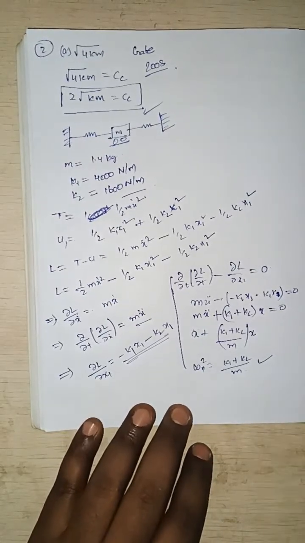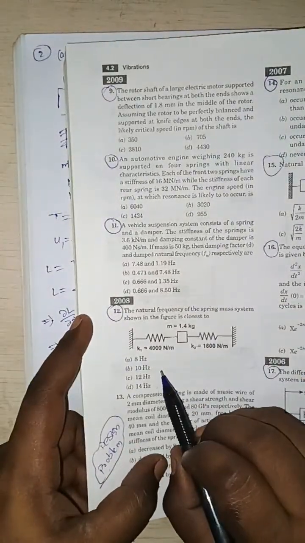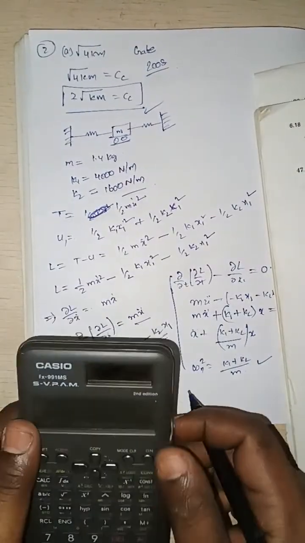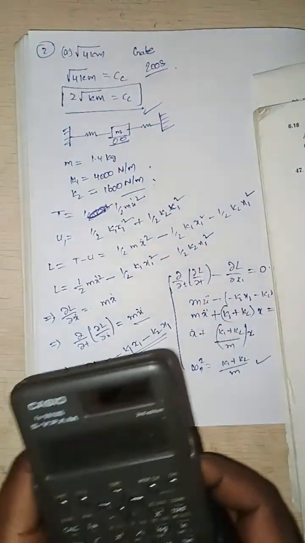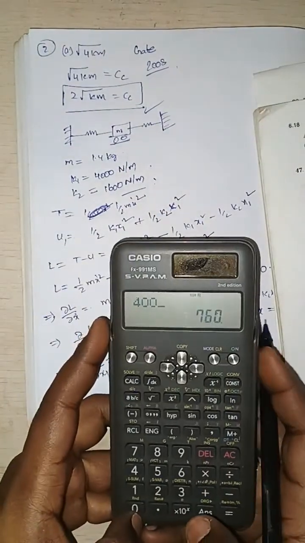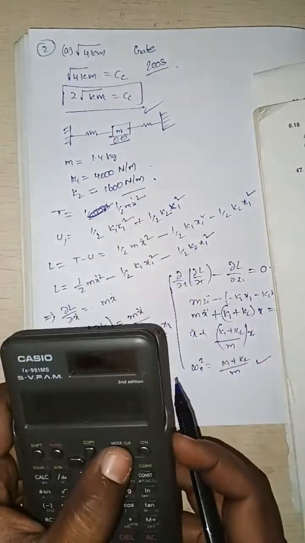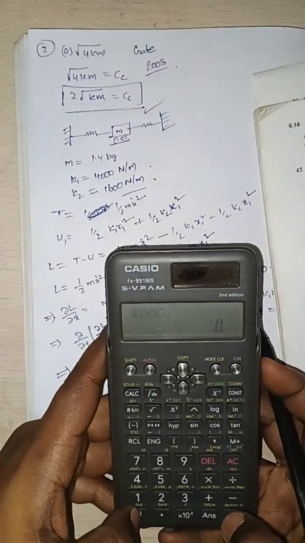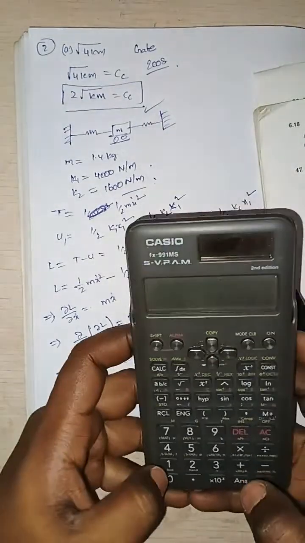Now in the GATE examination it is asked what is the natural frequency of the system. Let's substitute the values. k1 plus k2, k1 is 4000 and k2 is 16,000, divided by m.